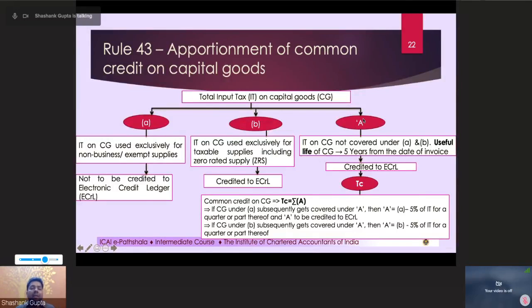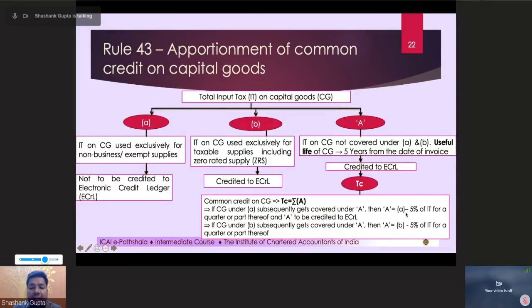So earlier I may be using a machinery to manufacture a product which was exempt, but now it has become taxable. So a part of it is being used for manufacturing taxable, a part of it is being used to manufacture exempt. In such cases, law says, okay, so you need to first derive the present value of the credit on such capital goods. And how do we do that?